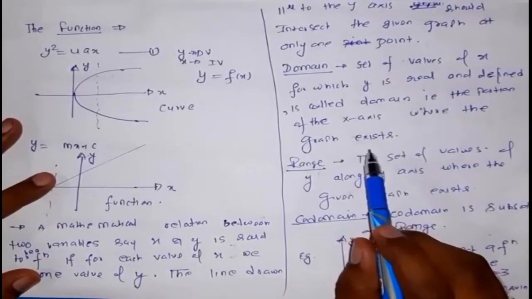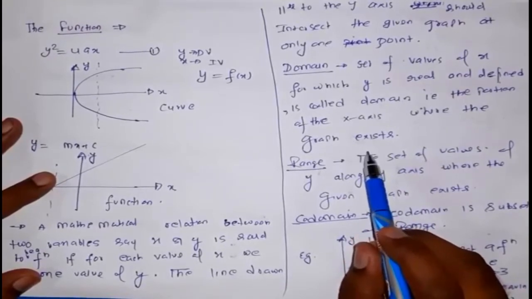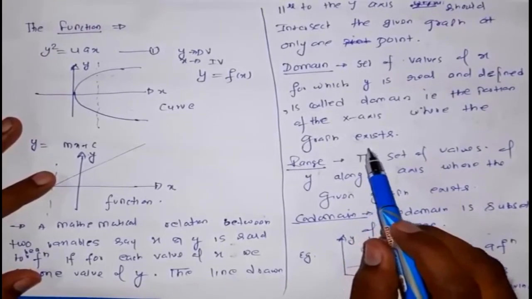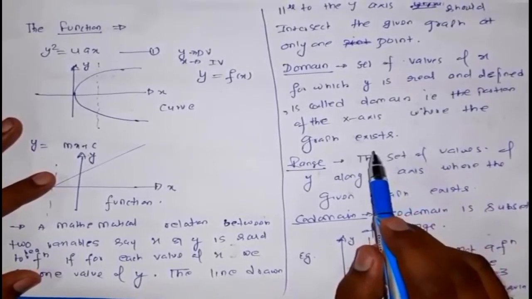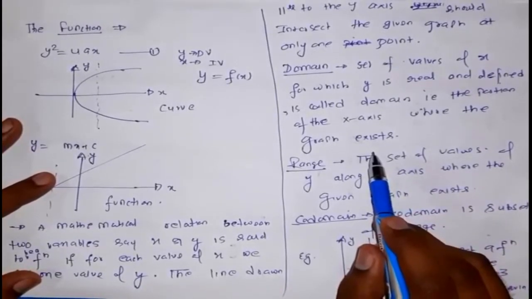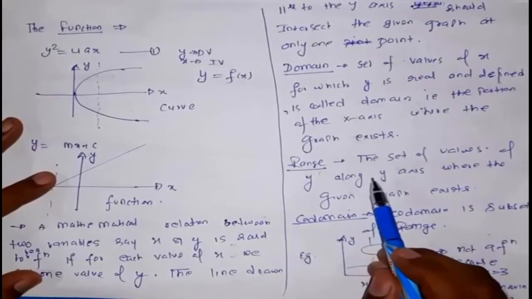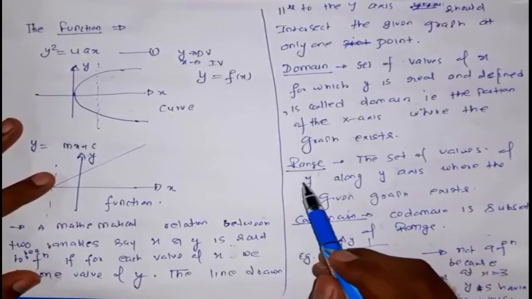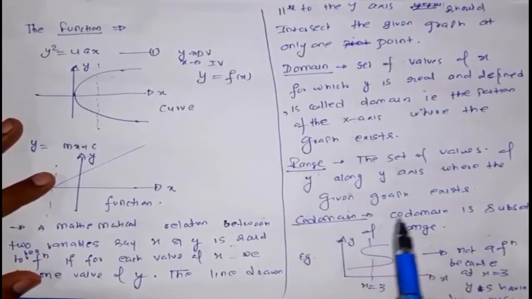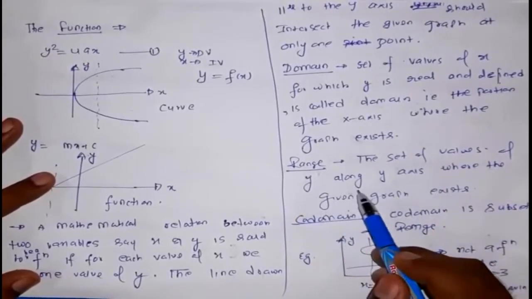If we know the graph of any function, then we can easily find the domain of that function. There are some other methods also to find the domain, but the easiest method is to draw the graph of that function.